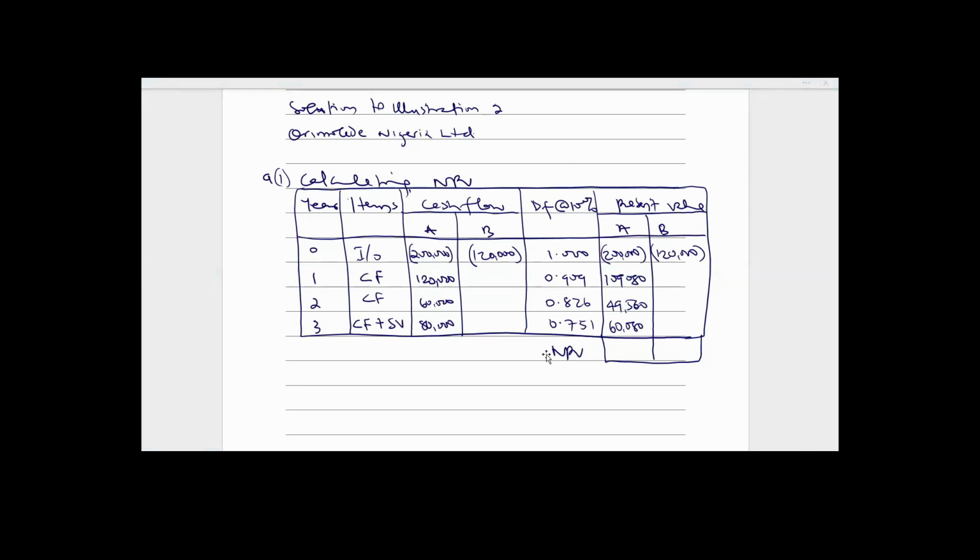I would then say 60,080 plus 49,560 plus 109,080 equal 218,720 minus 200,000. This will give me 18,720 positive.